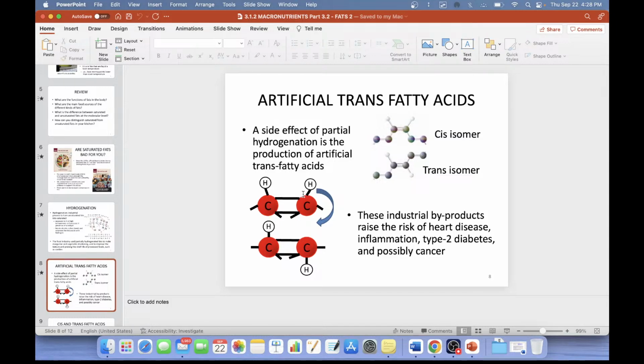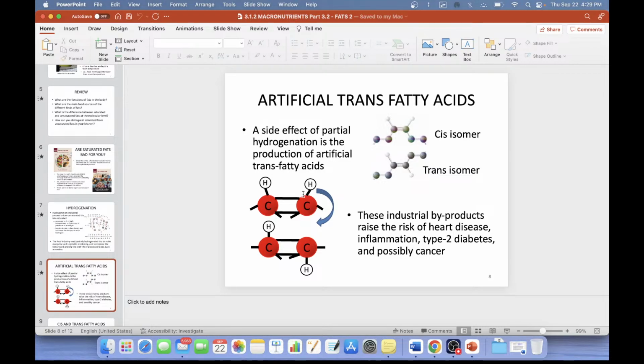Well, because they end up containing a new kind of fatty acids, and those are called trans fatty acids. So remember what I said when I talked about double carbon bonds, and I said that they can exist in two forms, in two isomers. They can be cis or trans.